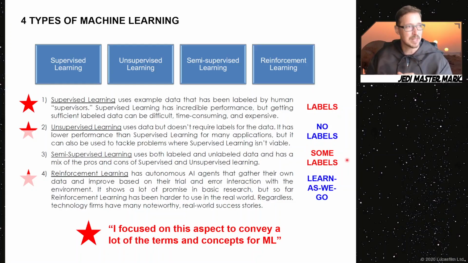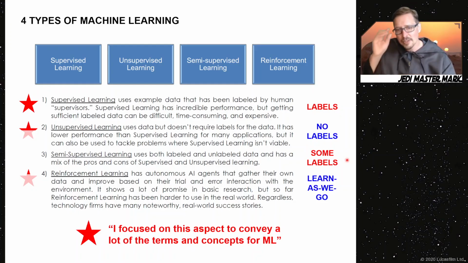Semi-supervised will have some labels. In some situations, you have a little bit of labeled data, so inputs and outputs, and a lot of unlabeled data. There are smart ways to use algorithms that can take both of those and come up with a better prediction than just approaching it with a supervised algorithm or an unsupervised algorithm.